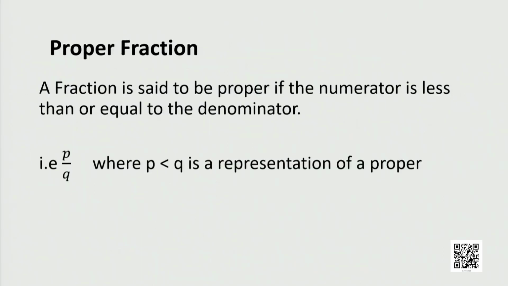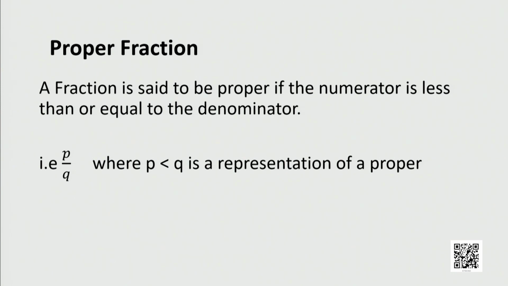Now we are going to discuss what is a proper fraction. Now you know what is a fraction. When we define a fraction, it is represented by a symbol like p over q. Now you know what is numerator and you know what is denominator. If the numerator is less than the denominator, such a type of fraction has a special name.